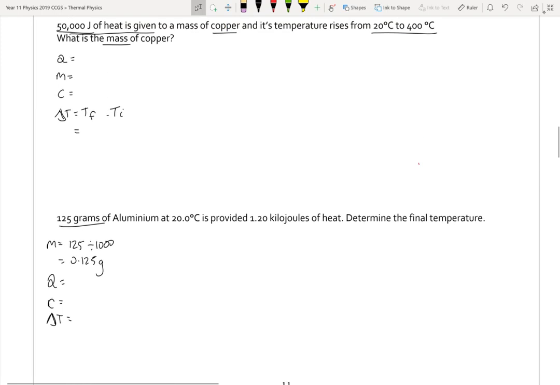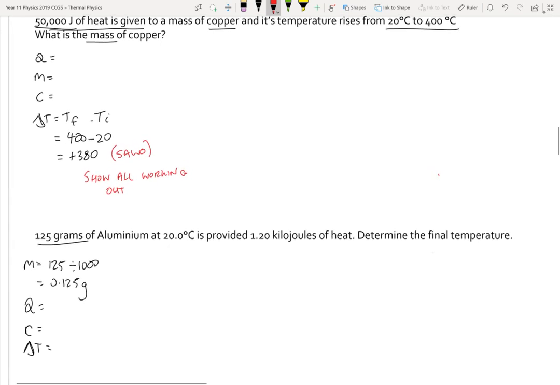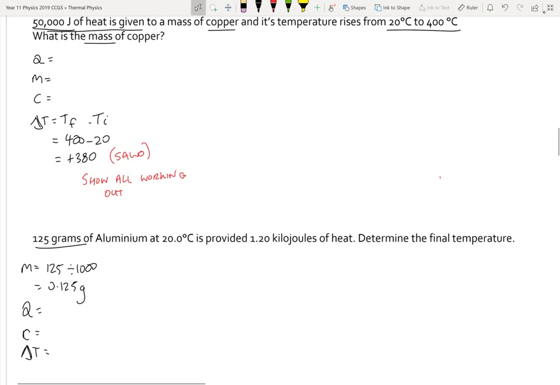So get going for those, please. SAWO. If you've ever seen this on a test or piece of marked work from me, it means show all working out.